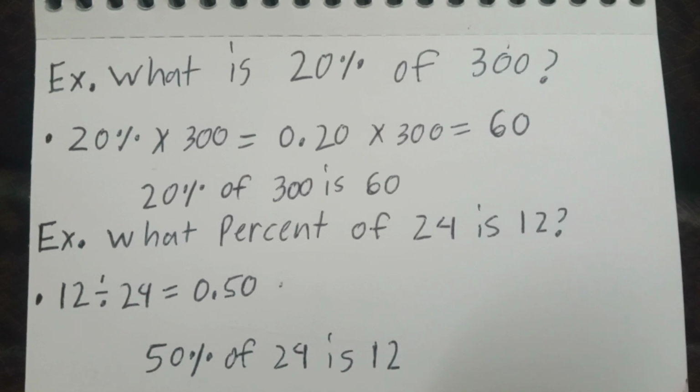So let's look into our first example. What is 20% of 300? The first step that I want you to do is look for the missing term. We have 20%, which has a percentage sign, and that will be our rate. And we have "of 300," as you can see the word "of" 300. So we can surely know that 300 is the base, and we're looking for the percentage.